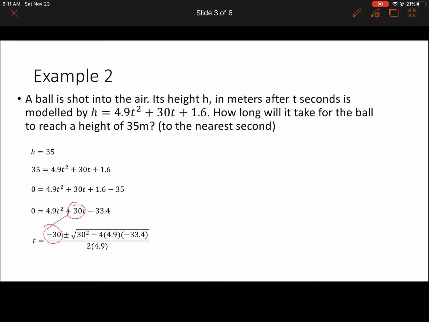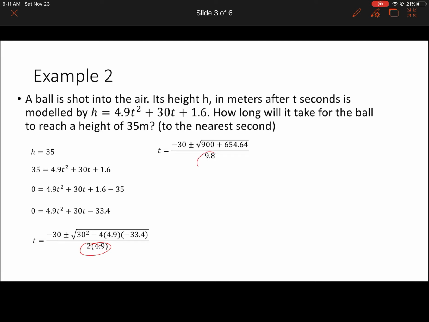Okay, so minus b, and this becomes a question of using your calculator well. 30 squared, for a it's 4.9, c minus, remember always take the negative sign as well, times 2a, 4.9.